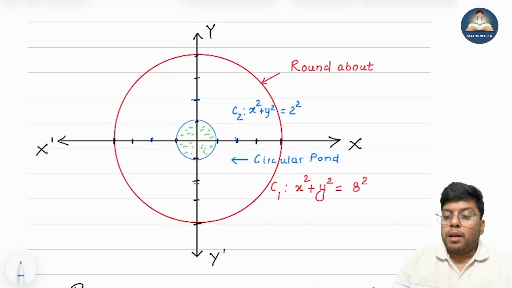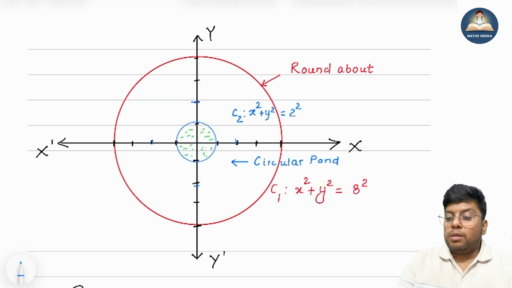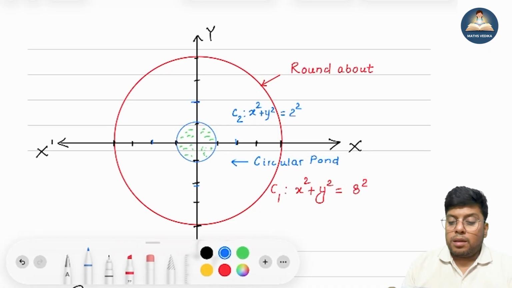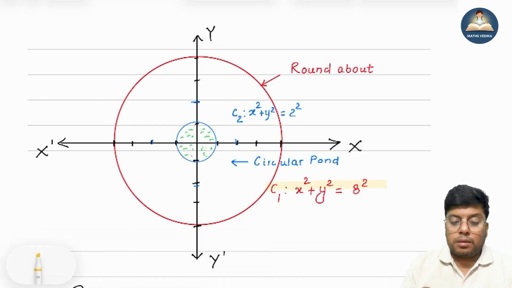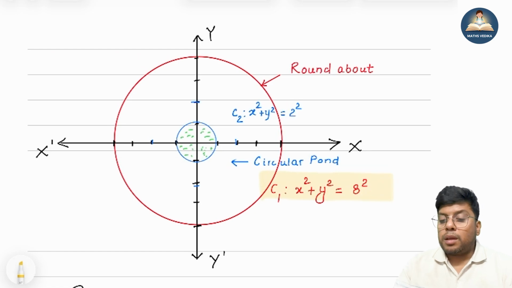So here, this red circle is the roundabout. As you can see, I have already made the diagram. The red circle is the roundabout whose radius is 8 unit. Here we have circle 1, which is the roundabout, x square plus y square is equal to 8 square.